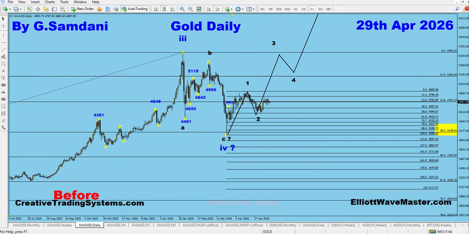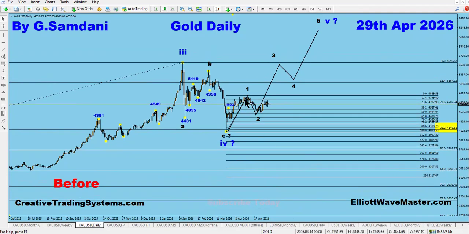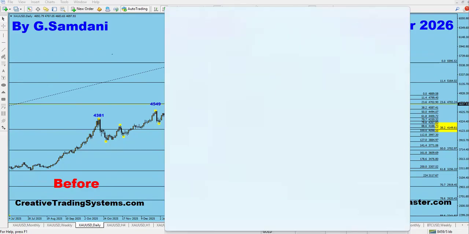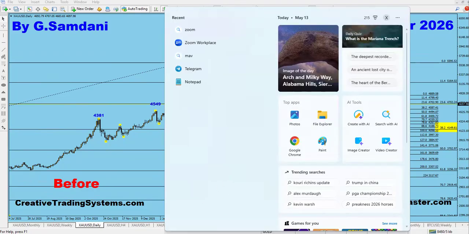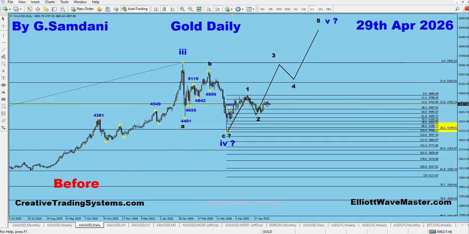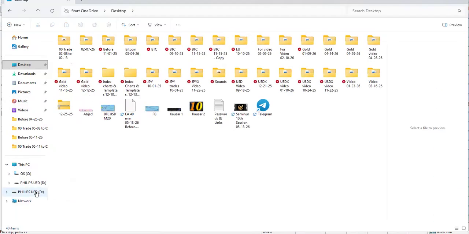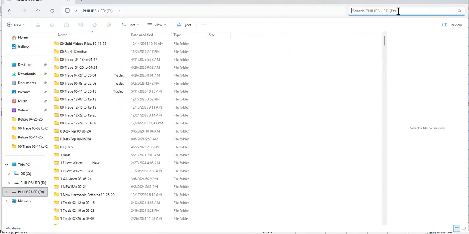If you remember when I made the chart, when we were going in this area, we were here. I said we're going to go up for wave 1, and let me see if I can get that chart. Let me see gold.